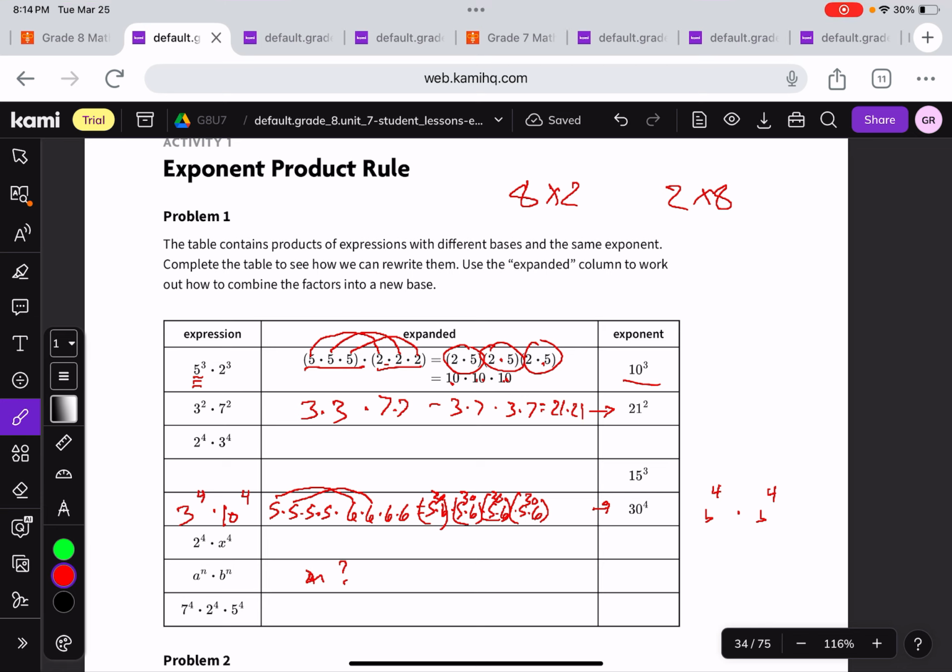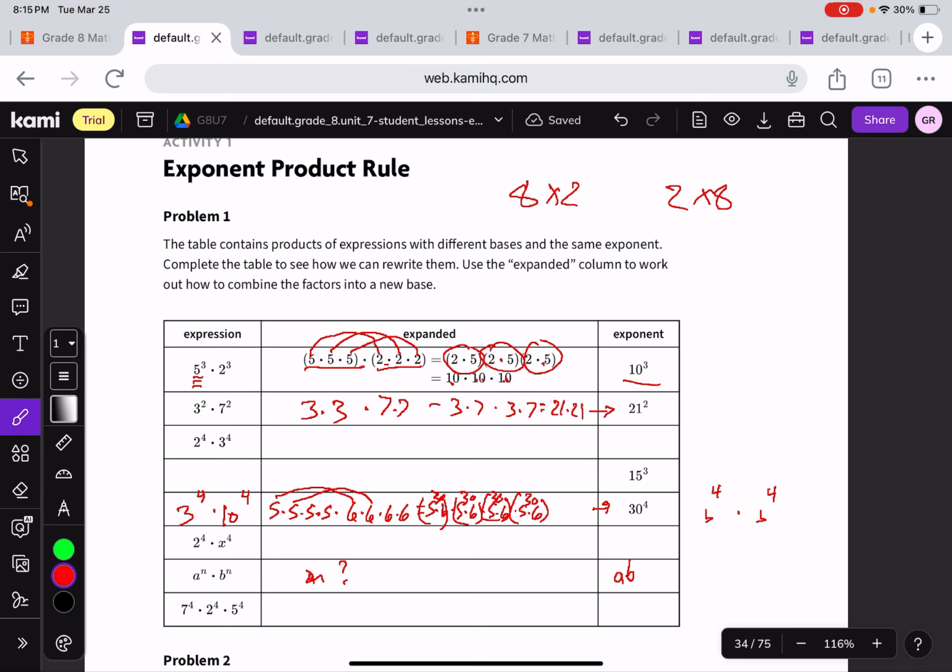We should know, though, that our exponent should be whatever it is, and the base is going to be a times b. We can just write AB. That means multiply. If you wrote a times sign, great, no big deal. That's going to be AB.